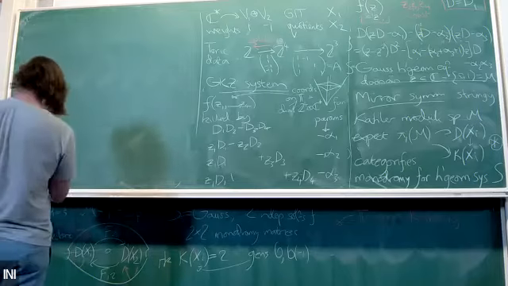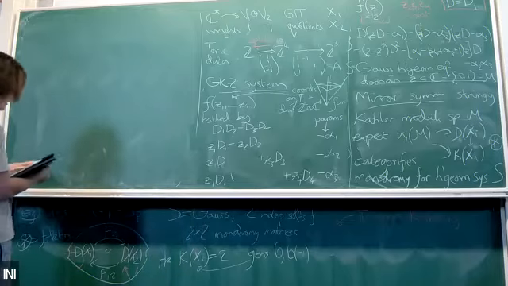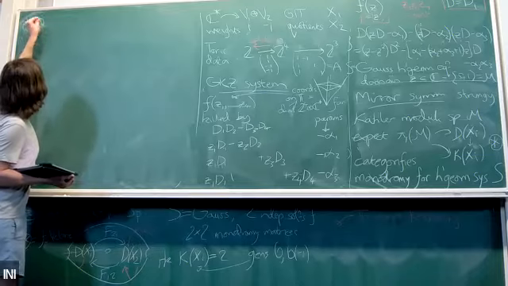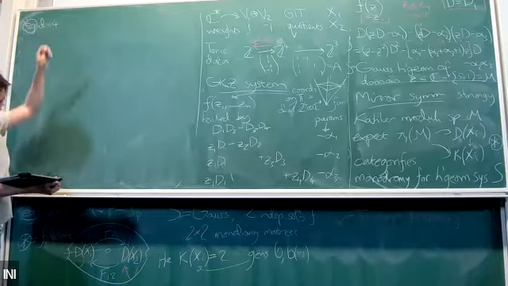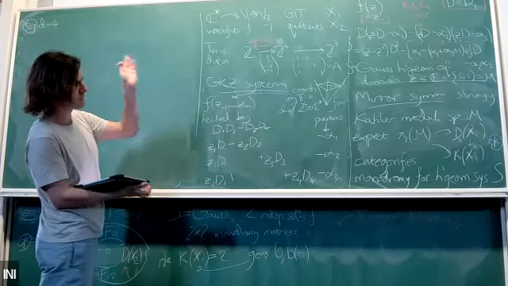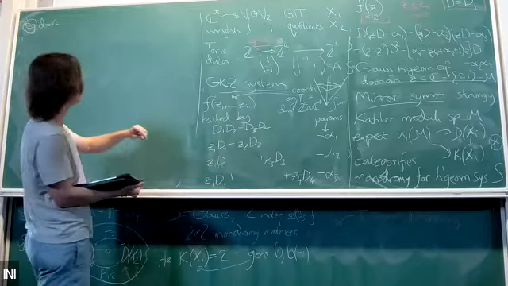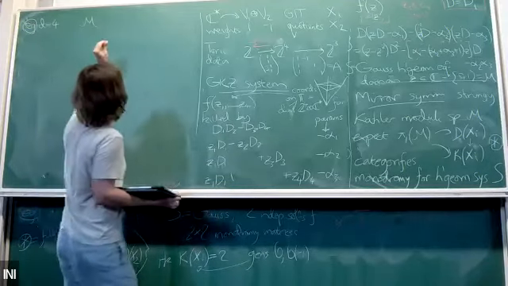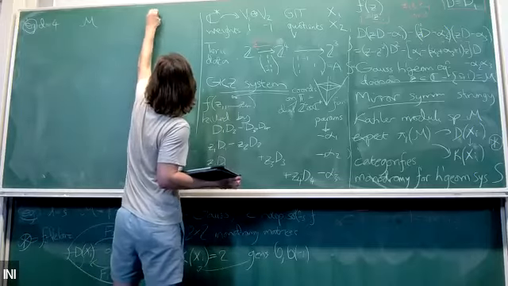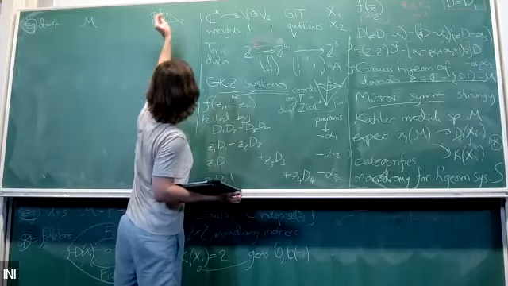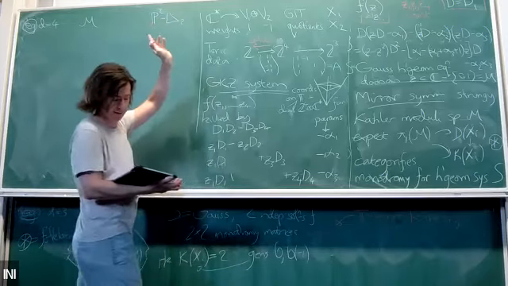So now let me sketch out the next case. For d equals 4, the domain for the hypergeometric system turns out to be P2 minus the coordinate hyperplanes.